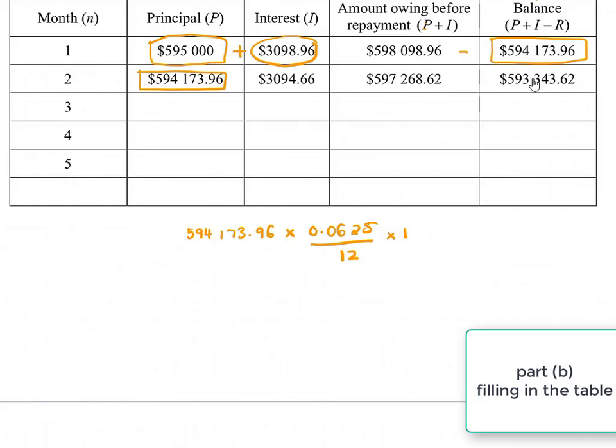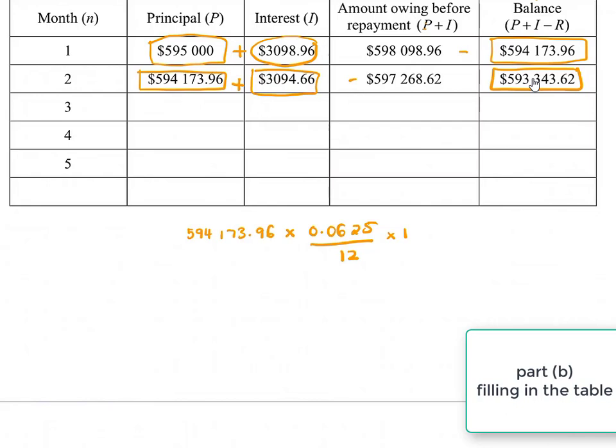And when I put that into my calculator, I get $3,094.66. Now to do this next column here, I add these two together and I get $597,268.62. And then I subtract from that my repayment. My repayment's always the same.